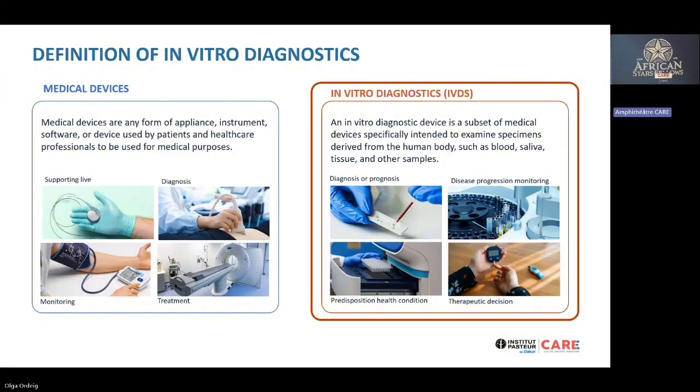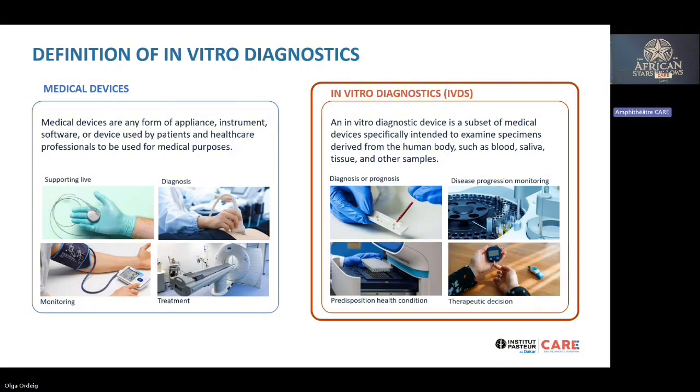Then in vitro diagnostics is a subgroup of the medical devices. Basically what they do is use samples from our body, and it can be all types of samples: blood, sputum, vaginal discharge, urine, any fluid that comes from our body, and use it to diagnose a health condition.